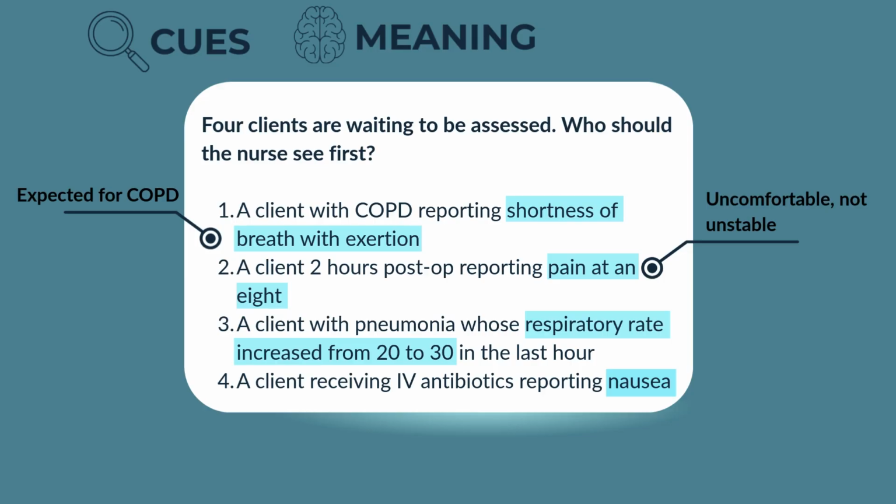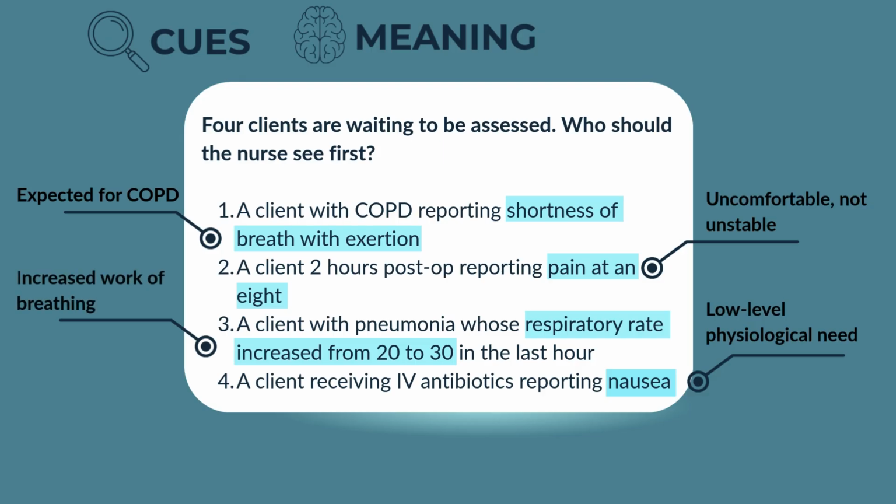The client receiving IV antibiotics, who is now nauseated, is also experiencing a lower level physiological need. Nausea is uncomfortable, but it does not threaten airway, breathing, or circulation and does not indicate an unstable change. The client with pneumonia, whose respiratory rate increased from 20 to 30 in 1 hour, is showing a significant change in breathing effort.